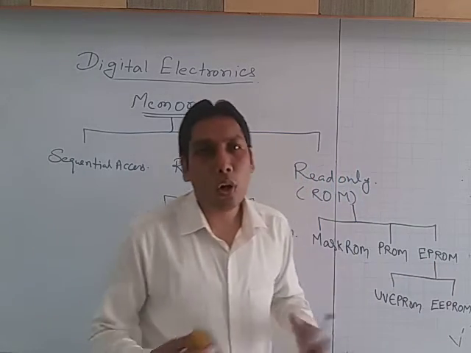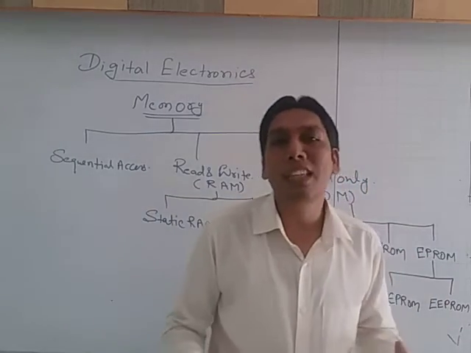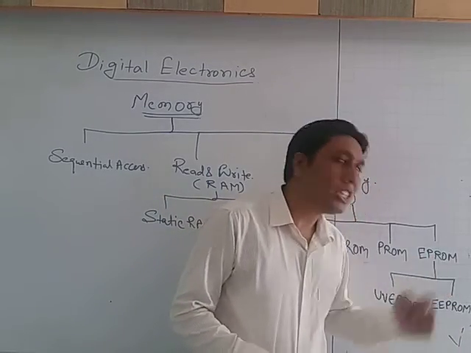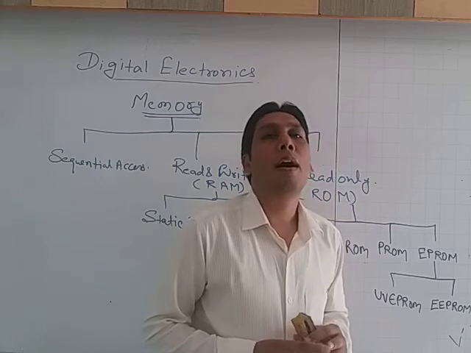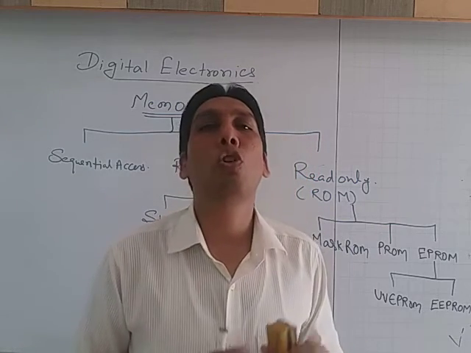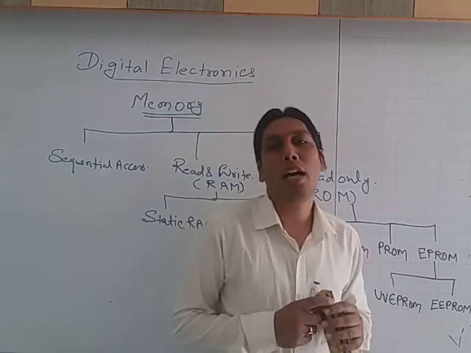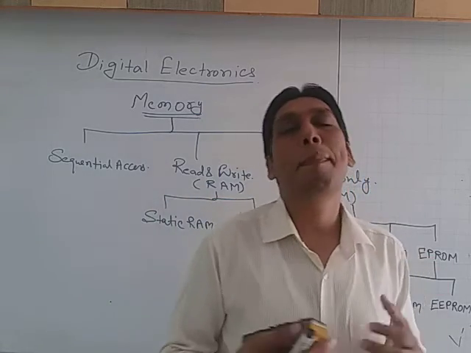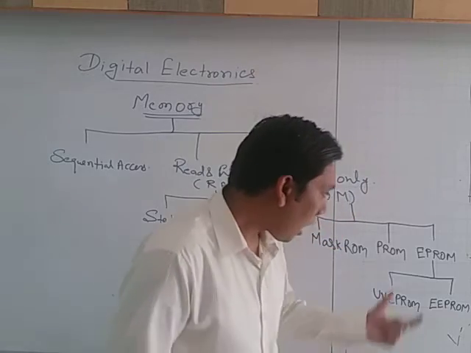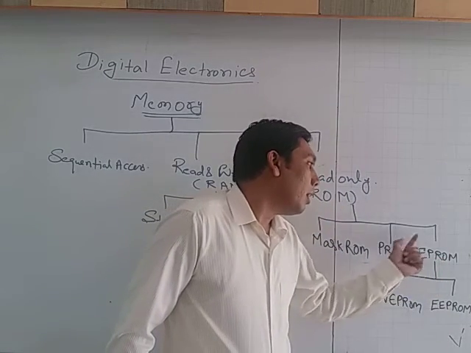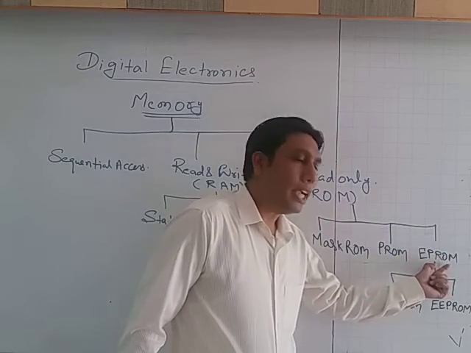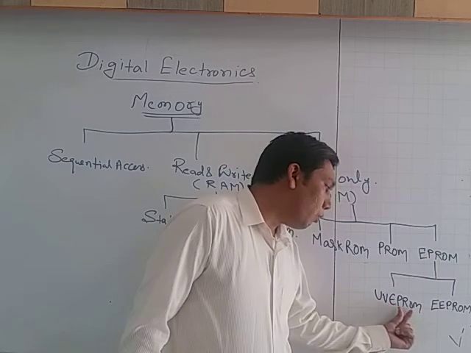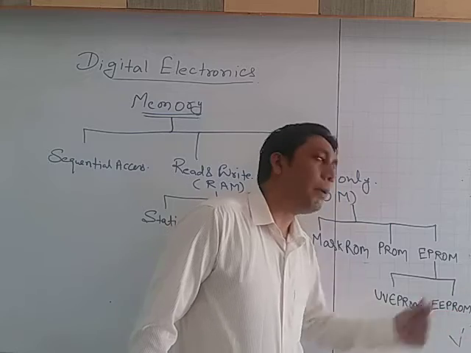EPROM is erasable programmable read-only memory. That means this is that type of ROM which can also be erased by the user. That means it can be programmed multiple times. On the basis of erasing of data, EPROM is divided into two types, UV EPROM and EEPROM.